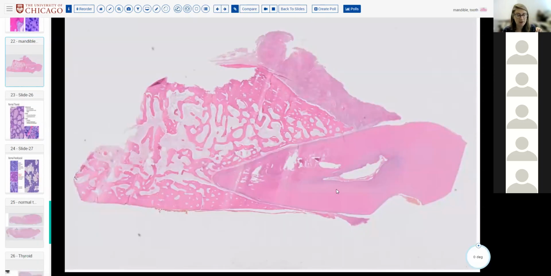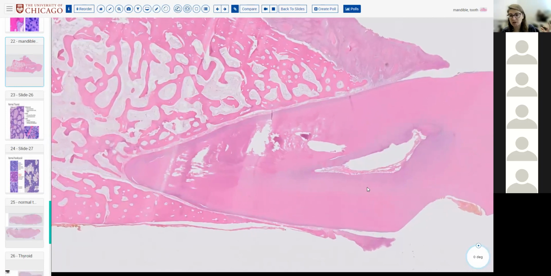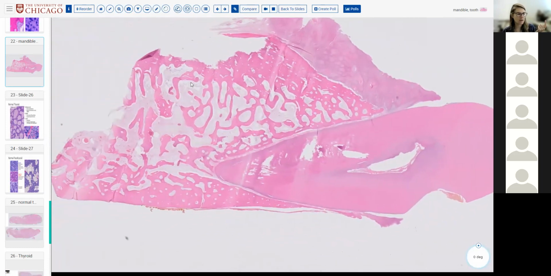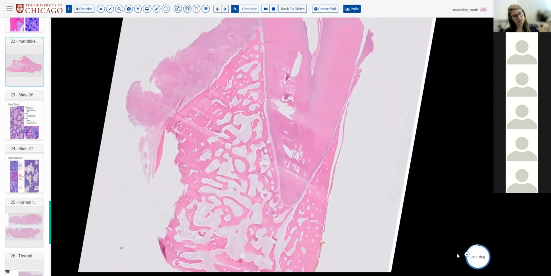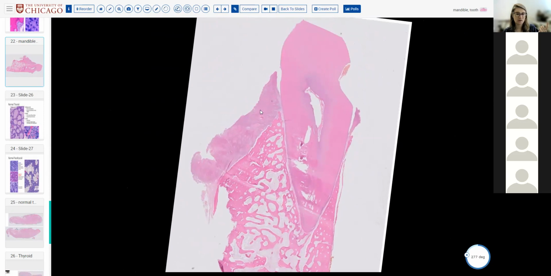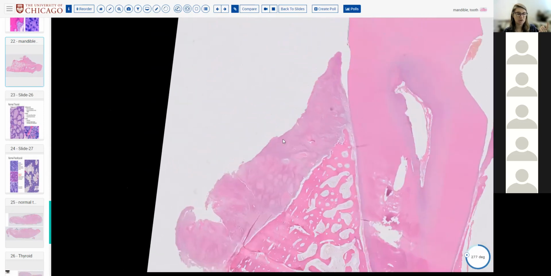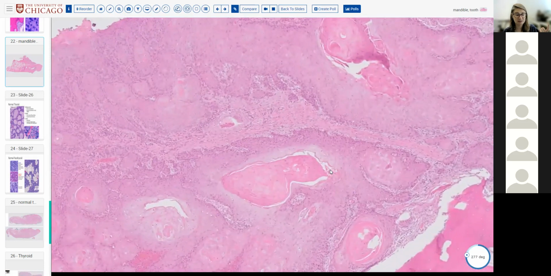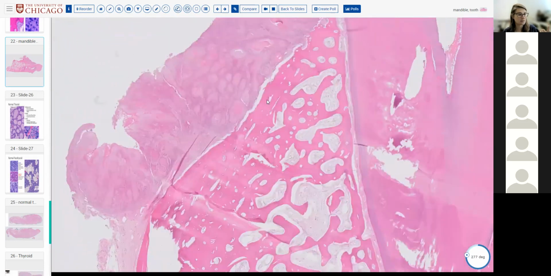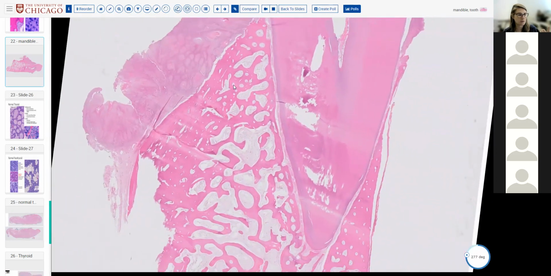What I will talk about, however, are these structures present within the bones of the jaws, which are the teeth. In this case, I'm going to rotate it in a nice anatomic direction. We have our surface squamous epithelium, which just happens to have carcinoma in it, because generally people aren't going to get chunks of their mandible resected unless they have some significant problem. So here we have a squamous cell carcinoma.